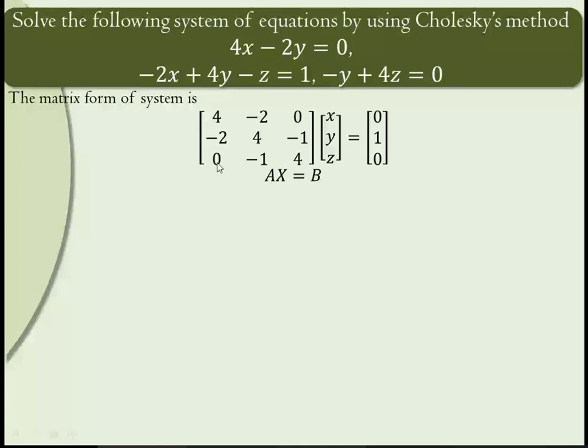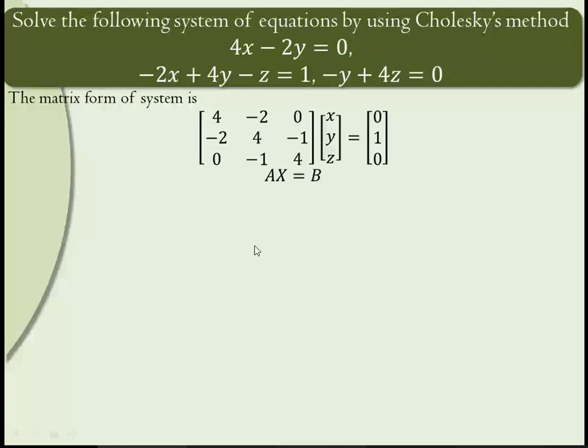So if you see the reflection of these elements across the diagonal, it is a symmetric matrix. We can use Cholesky's method only for a symmetric matrix. For a non-symmetric one, we get answers in complex numbers, it becomes quite lengthy and solving becomes difficult. So it is convenient for symmetric matrices only.